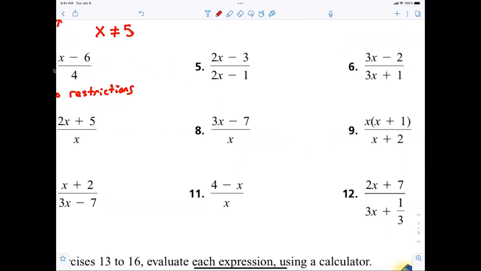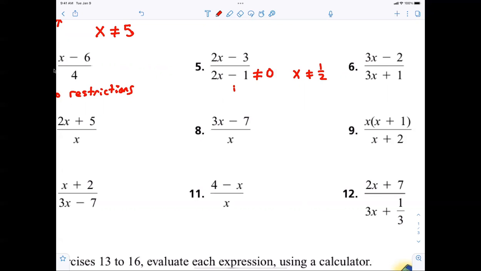For those of you who are not sure what you're doing, all you're doing is taking whatever is in the denominator and saying it cannot equal 0, and then just solving that equation. You're supposed to just look at that and say x cannot equal 1/2. Everybody needs to be able to do that.